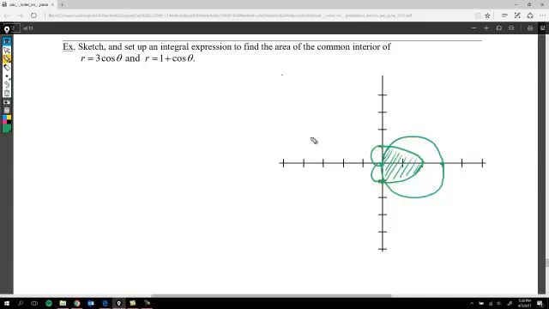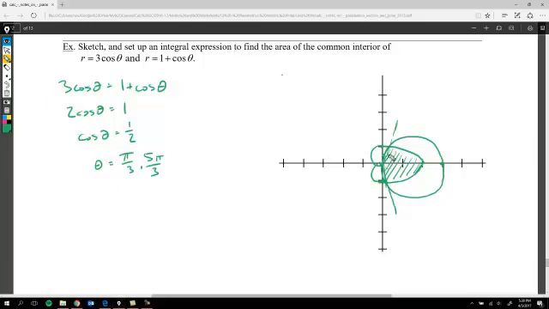Well, again, the first thing I need to do is set these equal to each other to figure out where they intersect. So I subtract cosine from both sides, I divide. So I want to know where cosine is 1/2, which is at pi over 3 and 5 pi over 3. Right, so I know they intersect right here, and I know they intersect right here.